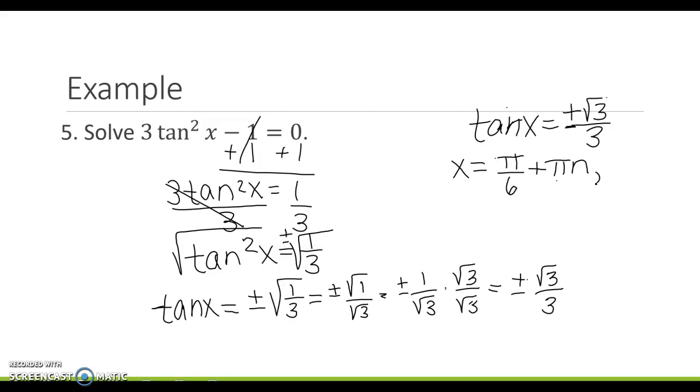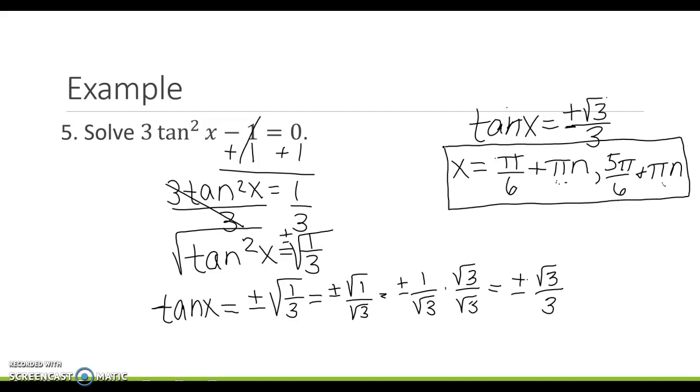In quadrant 2, tangent is equal to negative square root of 3 over 3 at 5 pi over 6, and then we're going to put plus pi n at the end. And I don't even need to worry about quadrant 3 and quadrant 4 because it's already taken care of here since tangent repeats every half unit circle or every pi radians. So those are my two solutions showing all real values.